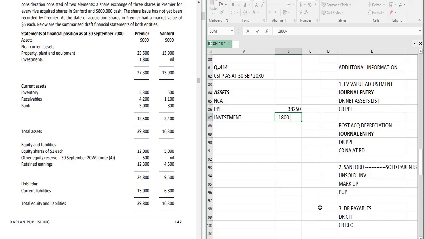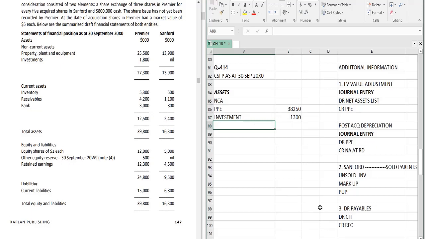In the question it has been told that the share consideration has not been recorded by the parent, only the cash consideration has been recorded, so we will deduct the cash consideration amount, that is 800. And one more point has been mentioned in the additional information, that the fair value of investment has been increased by 300, so we will add 300 as well.